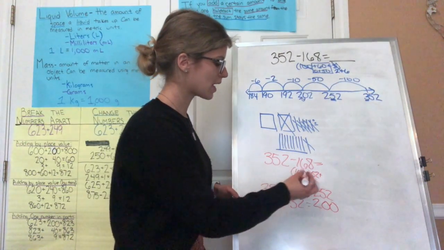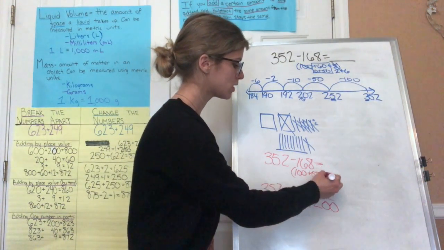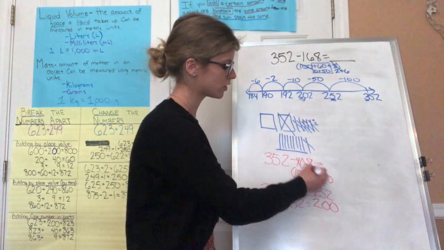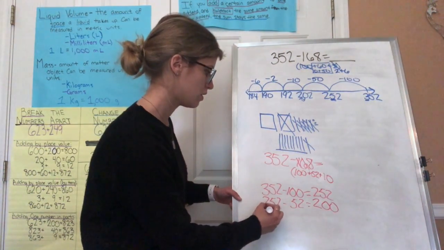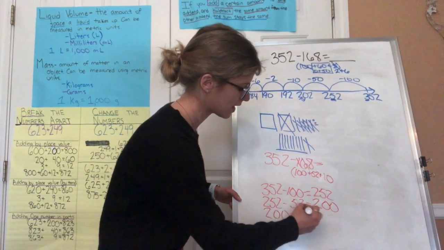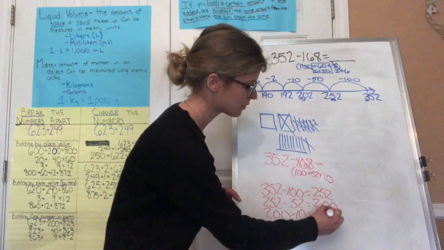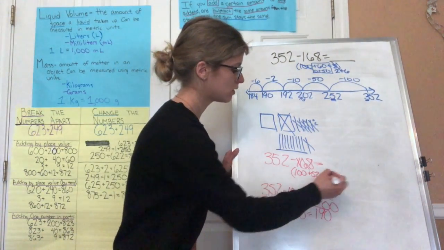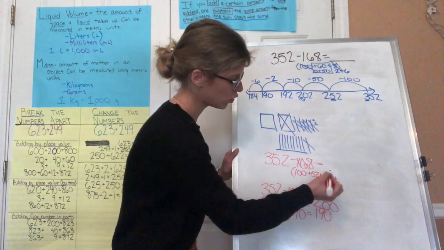So I realize that I still need one more 10, because 50 plus 10 is 60. So now I have my hundreds and tens place. So I have 200 minus 10 is equal to 190. And then I already did 2 in my ones place.